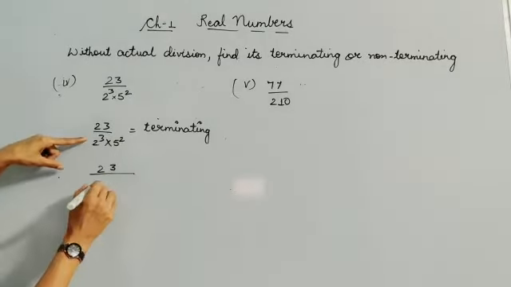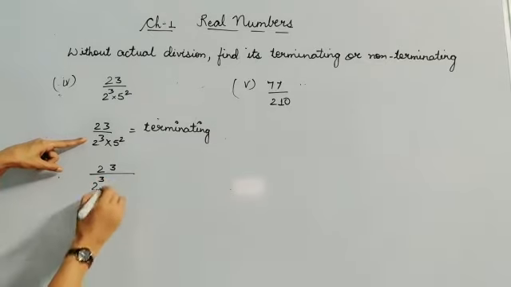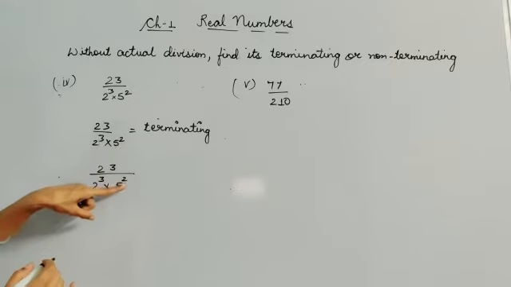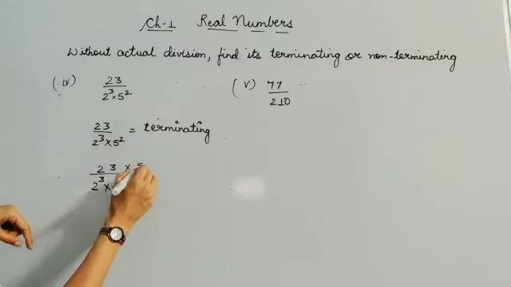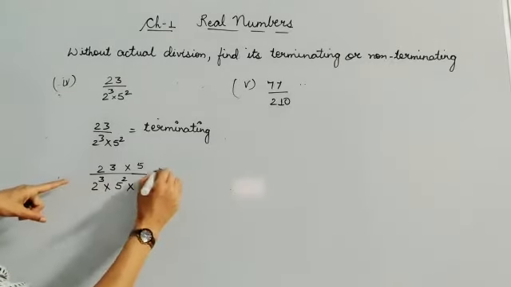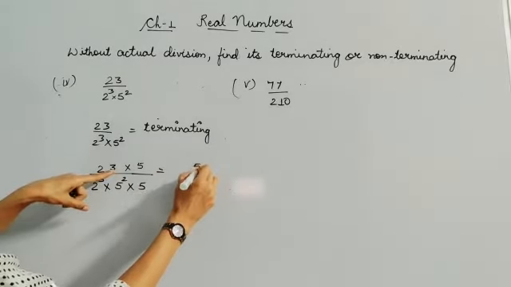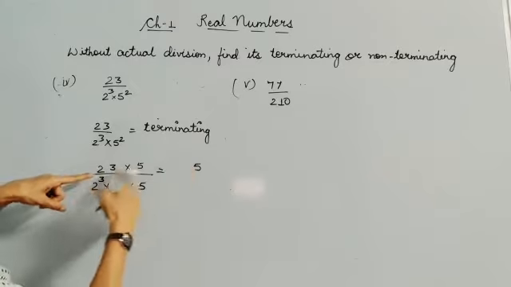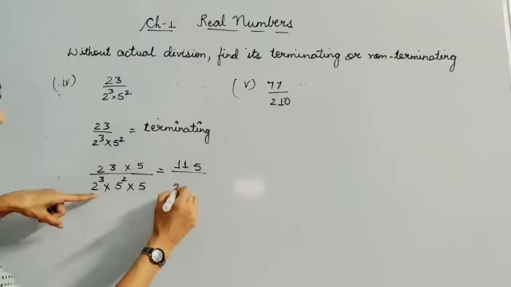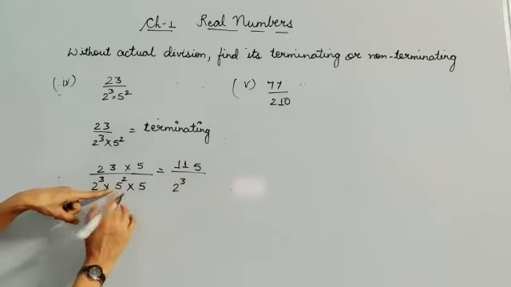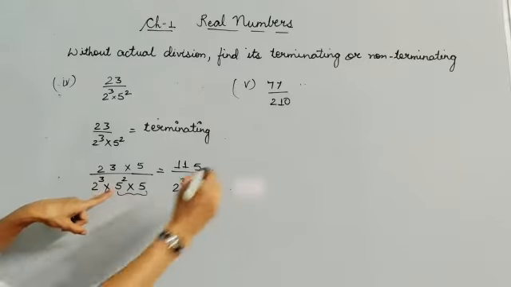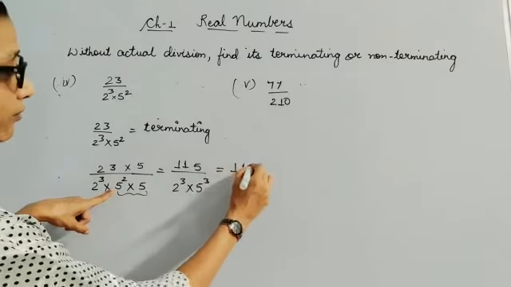This is 2 raised to power 3 as it is, and 5 squared here. To make it cube, I multiply and divide by 5. So 23 into 5 will be 115, and the denominator gives 2 raised to power 3 and 5 raised to power 3.